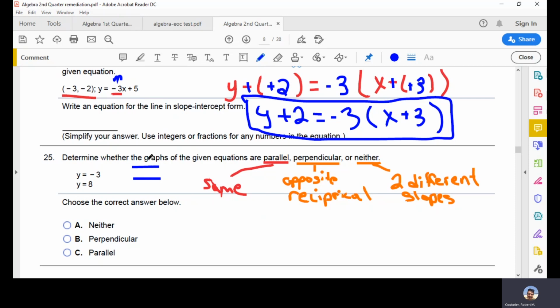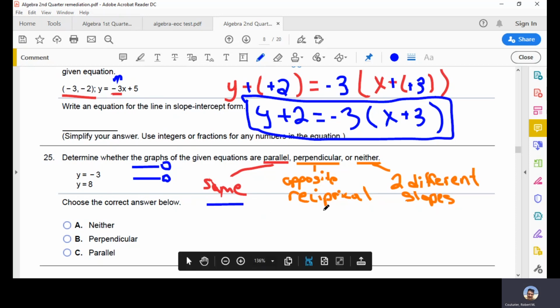They never touch. So in order for them to never touch, they have to have the same slope. If this is like the equal sign, well, this is like Mr. Slope's mouth. So this one has a slope of 0, and this one has a slope of 0.